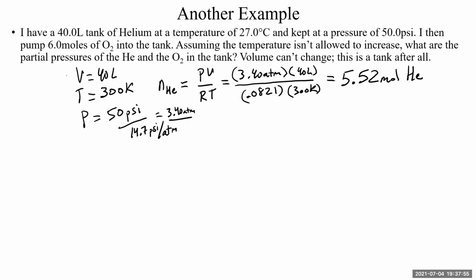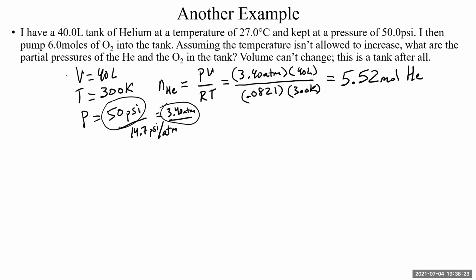Then I pump 6 moles of oxygen into the tank. So now I have a total of 11.52 moles in my tank. Assuming the temperature isn't allowed to increase, what are the partial pressures of the helium and the oxygen in the tank? Well, I can calculate my mole fractions, but what is my pressure? My pressure can't possibly be 50 psi or 3.4 atmospheres anymore, right?